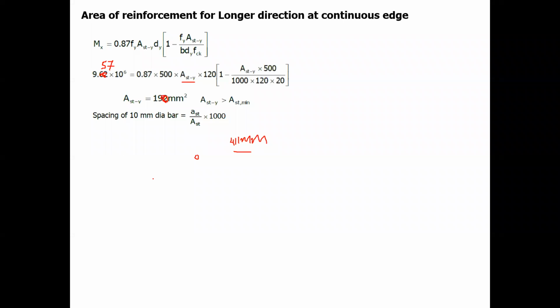Take down maximum spacing. Maximum spacing is the least of the following. So that is 3d and 300 mm and the spacing which I have calculated. Okay. So the minimum is 300 you have to consider.